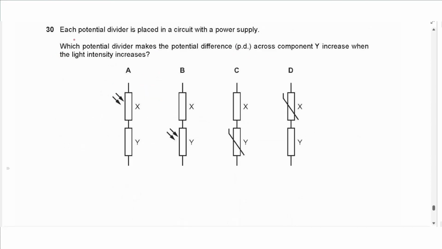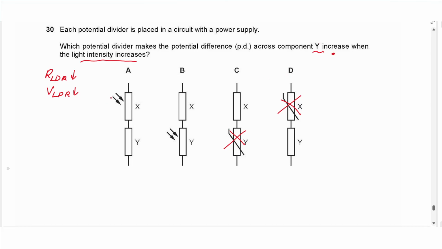Question 30 says each potential divider is placed in a circuit with a power supply. Which potential divider makes the potential difference across component Y increase when light intensity increases? So we do not need thermistors, so it's not C nor D. So let's see, when light intensity increases, the resistance of an LDR decreases and the voltage across it will decrease, but we need the potential difference across Y to increase.